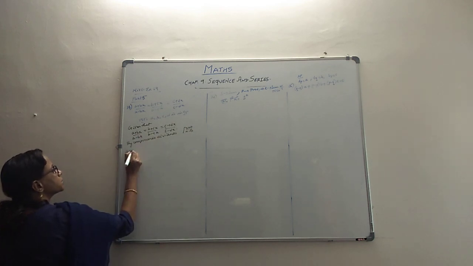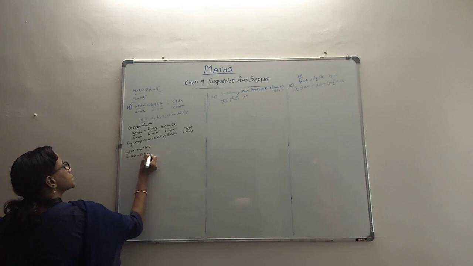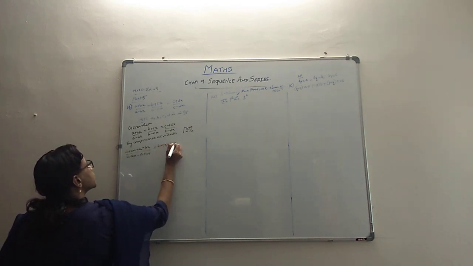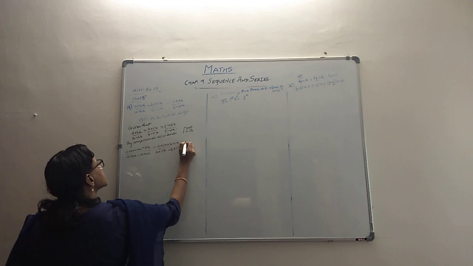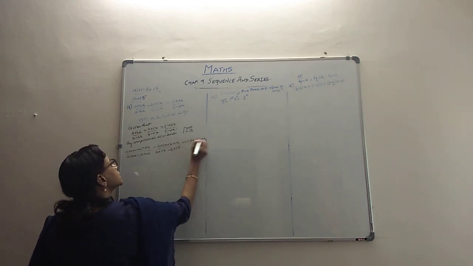So a + bx + a - bx, then a + bx - a + bx, b + cx + b - cx, b + cx - b + cx, c + dx + c - dx, c + dx - c + dx.